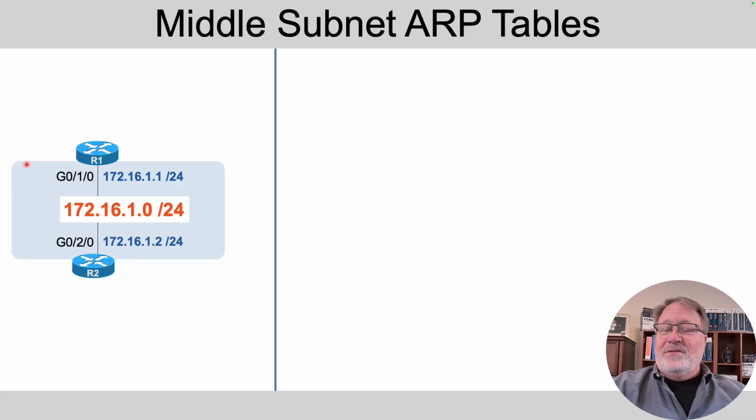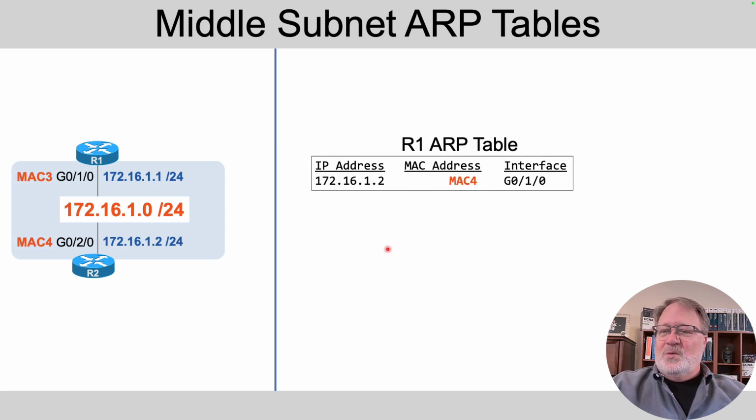Then, if we look further, there'll be ARP table entries on the two routers for the IP address of the other router on the WAN link. For instance, here, we see R1's ARP table that lists the 1.2 address with MAC4 that's used by router R2.